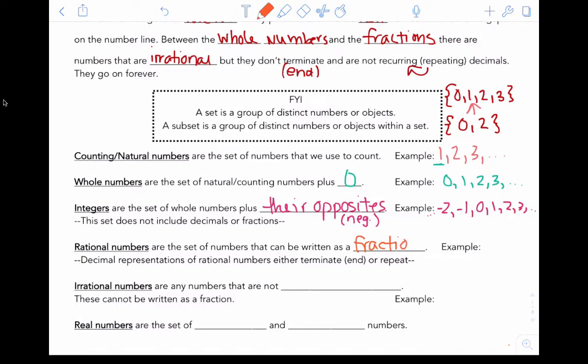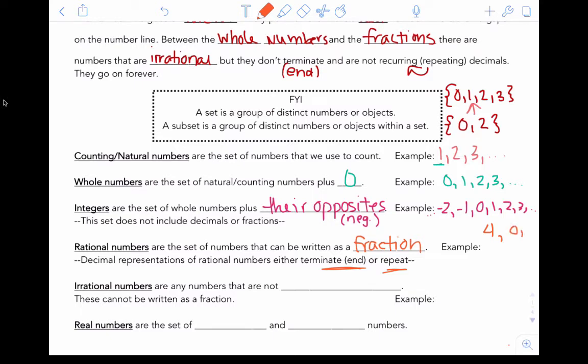These can be written as a fraction. So this is all of those integers, which includes whole numbers and counting natural numbers. And then this includes fractions, obviously. It also includes decimals that either terminate, so they end, or they repeat. So if I were to write some examples in here, I'd have a random natural number.